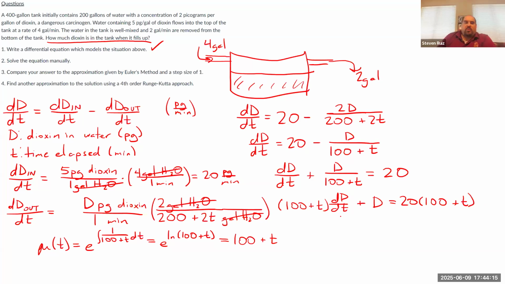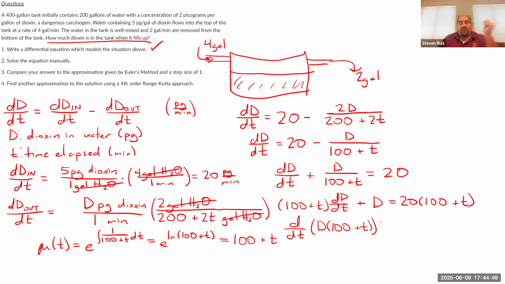Something I recommend once we've multiplied through by the integrating factor: the whole reason we do that is to make the left-hand side of this equation look like what comes out of the product rule of differentiation. That product rule is always going to be the derivative of the product of whatever your dependent variable is, in this case D, and whatever the integrating factor was, so 100 plus t.